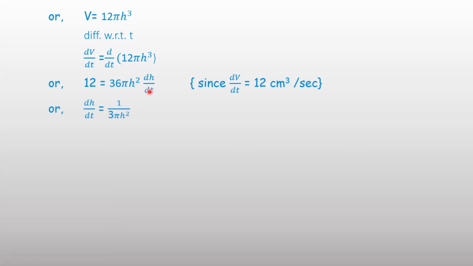Therefore, dh by dt equals 12 divided by 36 pi h square, transferring to the left side, or 1/3 pi h square.